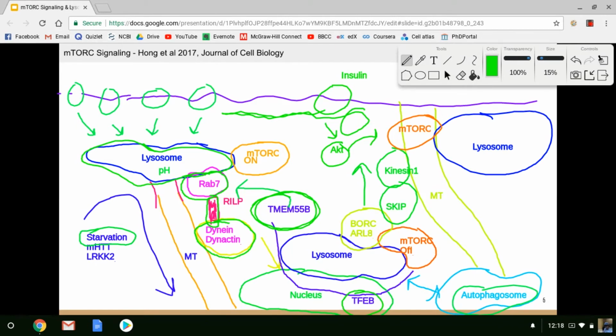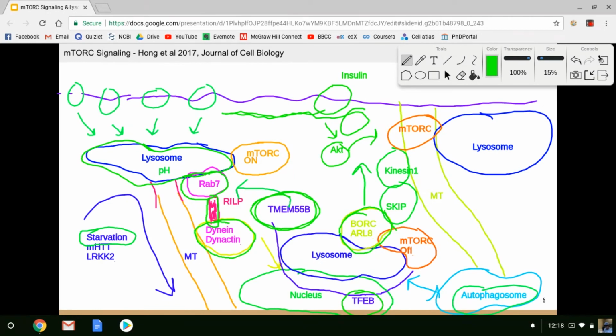The mechanism isn't known, but it is an important factor. In order for lysosomes to be moved back out to the periphery of the cell, it requires this complex called BORC. BORC interacts with RL8 and perhaps functions as an RL8 GEF to give it GTP.